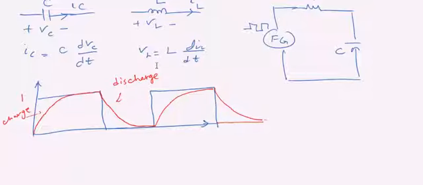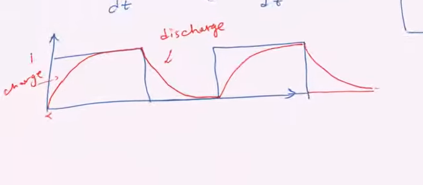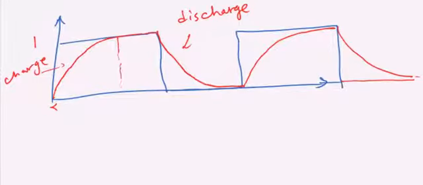How long does it take for the capacitor to charge completely? Let's say the time it took for the capacitor to reach the target is T, which is almost 5 times RC.